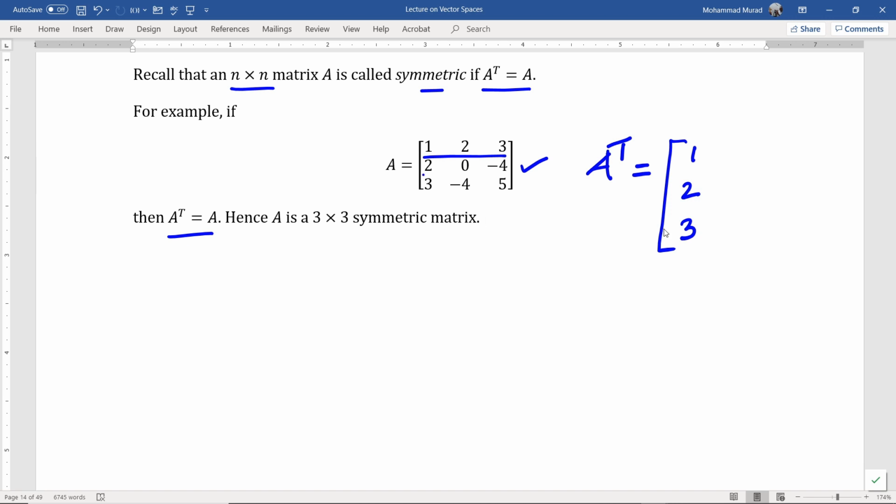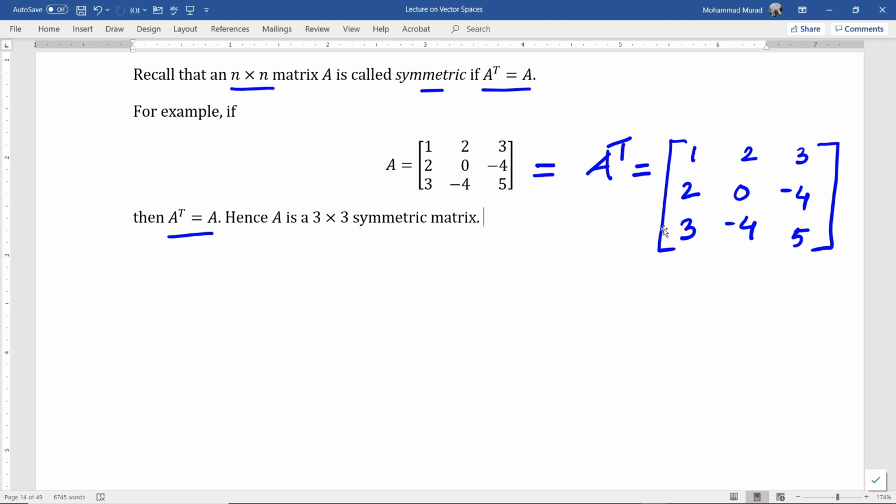Similarly, in this way, we get the transpose of A. Now we observe that the transpose of A is exactly equal to the matrix A. Hence, A is a 3 by 3 symmetric matrix.